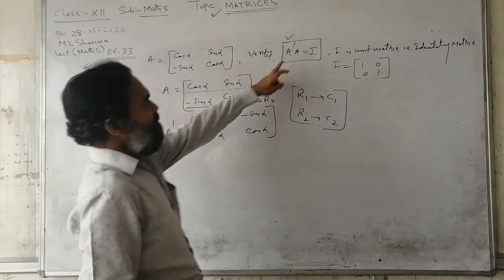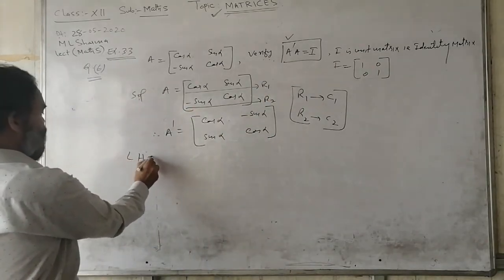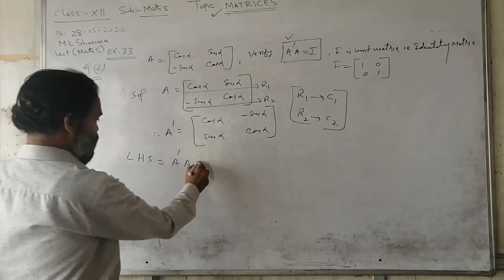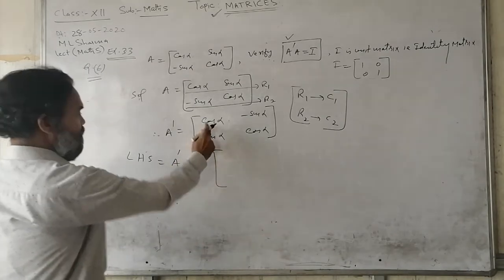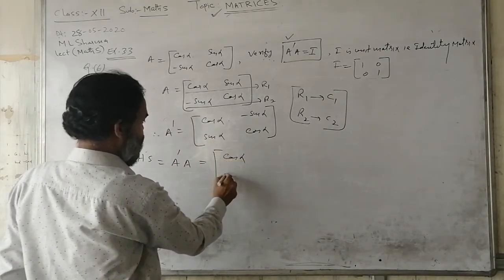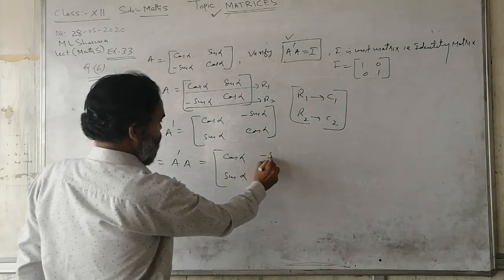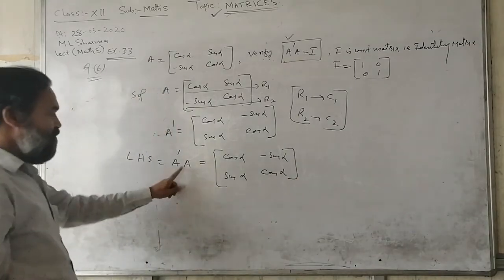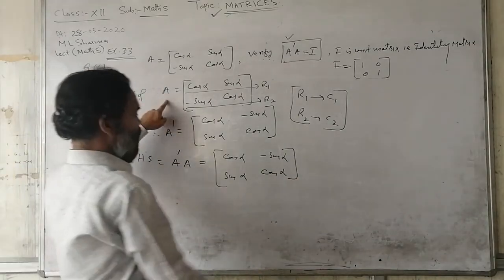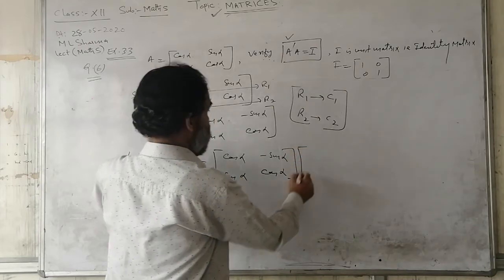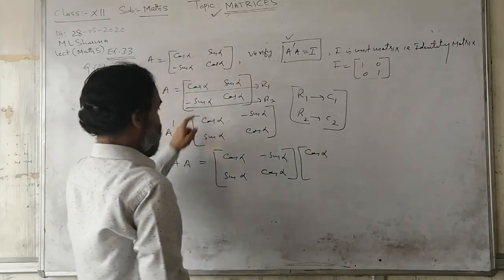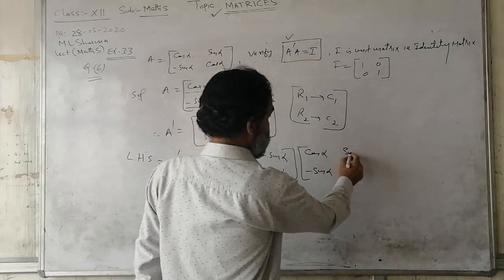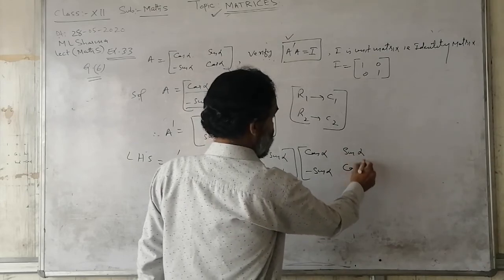Then the left hand side, LHS, is A transpose into A. So this will be equal to A transpose, whose value is cos alpha sin alpha, minus sin alpha cos alpha. This is to be multiplied by matrix A. The value of A is cos alpha, minus sin alpha, then sin alpha, cos alpha.